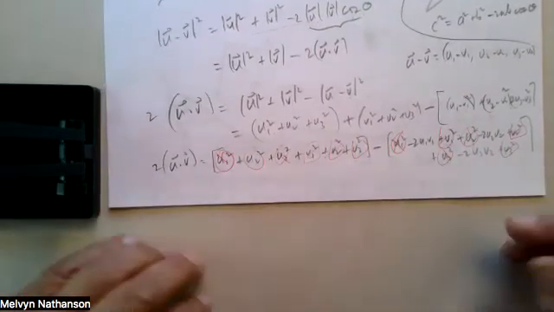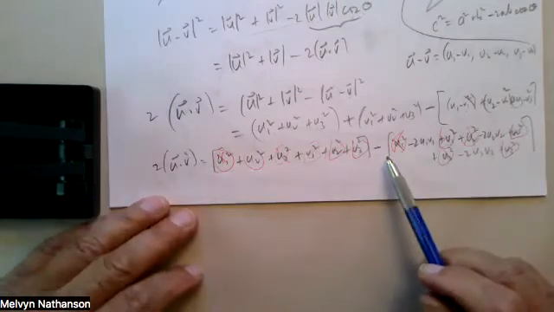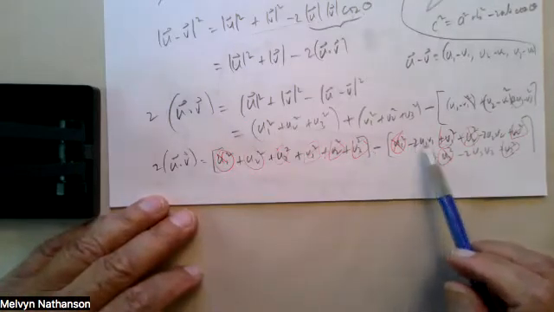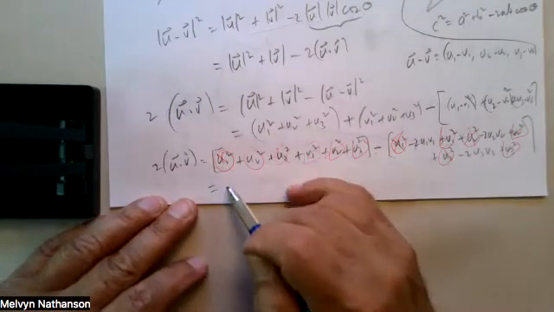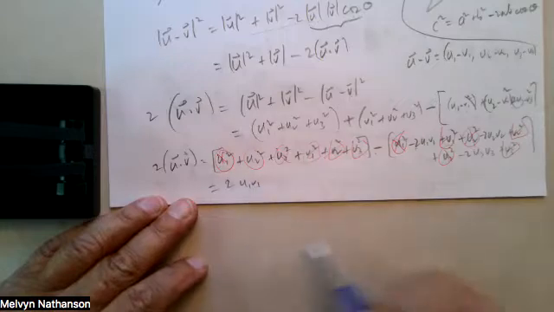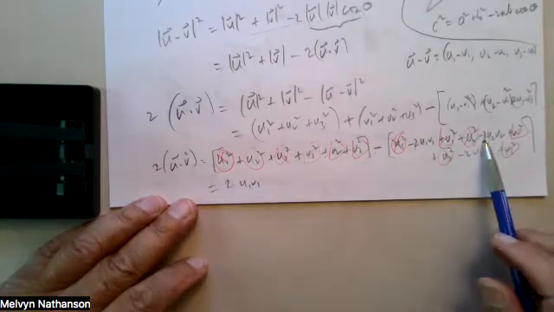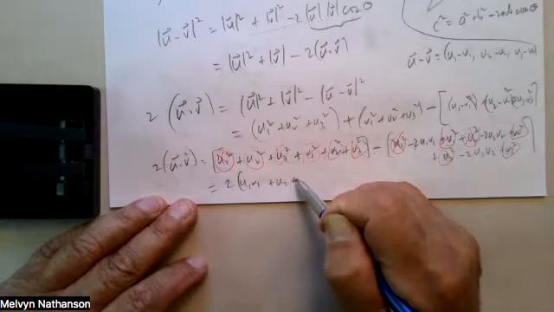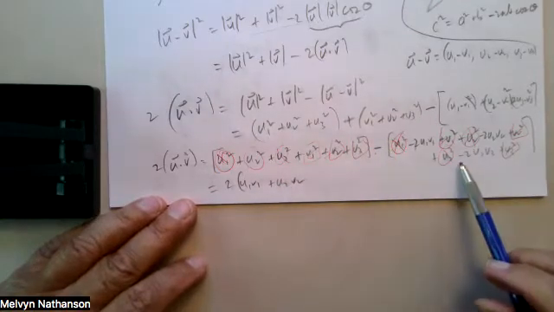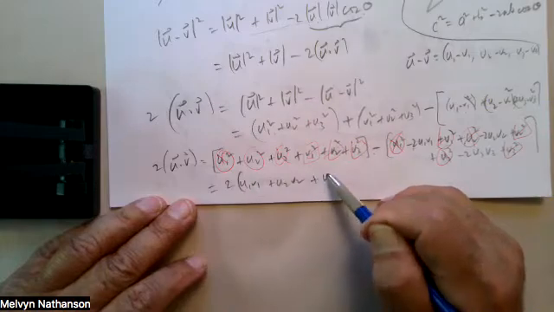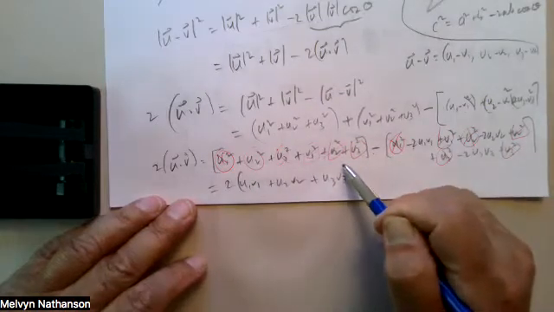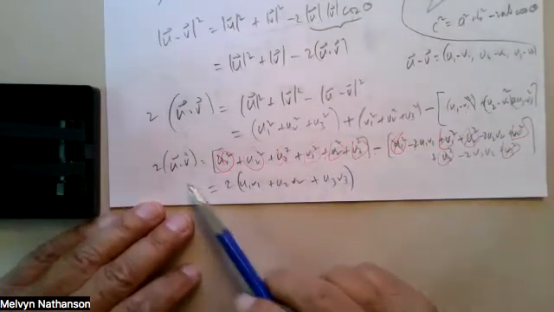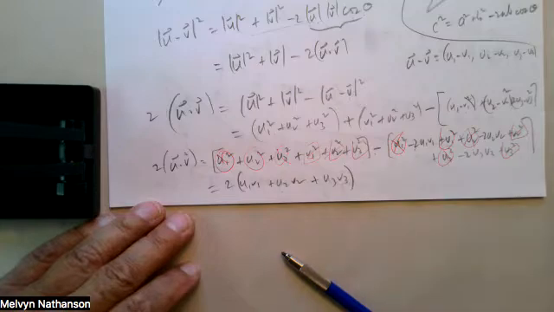All I'm left with on the right-hand side is minus minus 2u1v1, so that's plus 2u1v1, plus 2u2v2, plus 2u3v3. So 2 times the inner product is 2 times this.